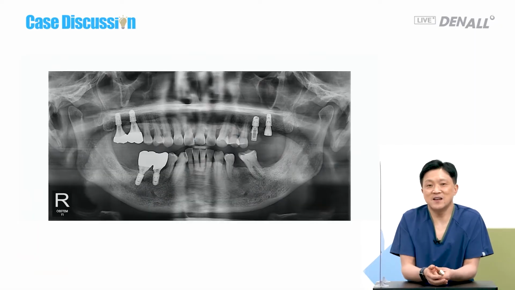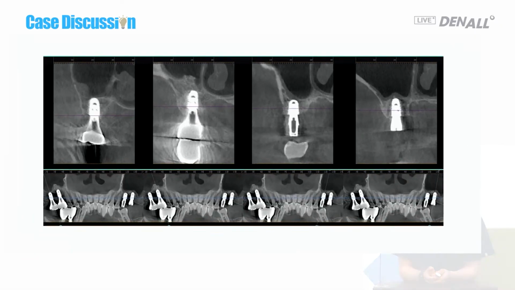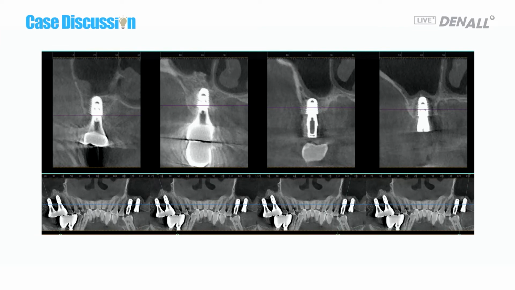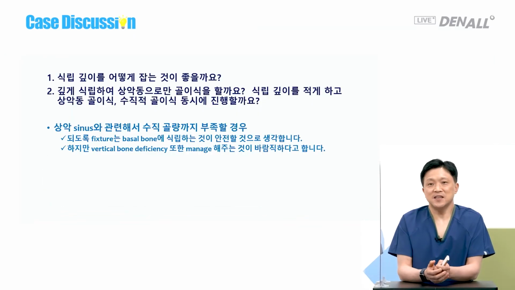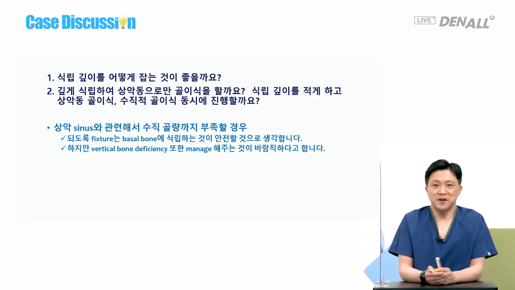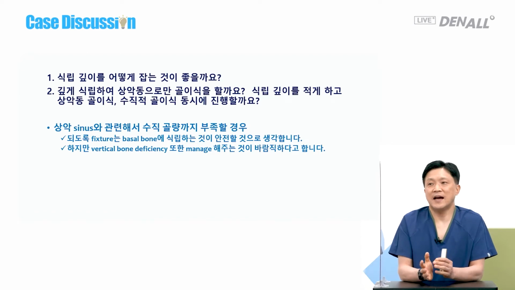So I tend to place it a little bit deeper. In this patient, if you look at the x-ray, I did the second surgery today. The prosthesis is not delivered yet.